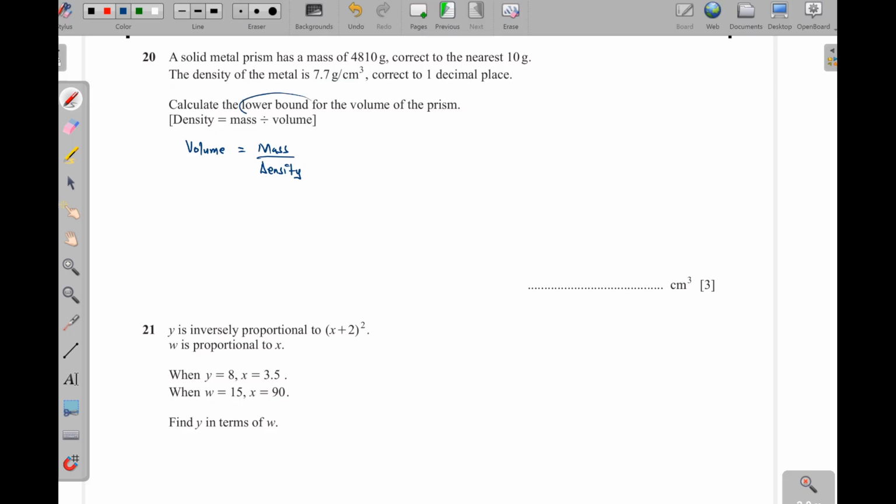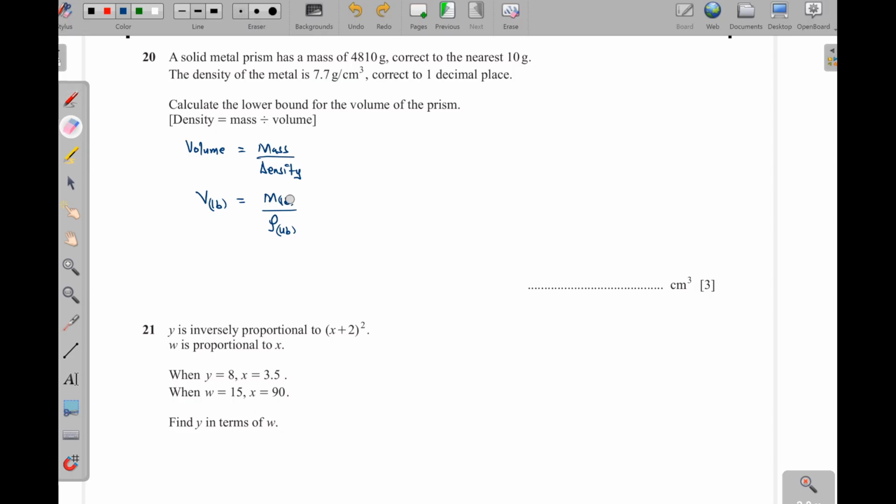So if I want the lower bound of the volume, then I have to get the mass here, its lower bound, then I get the density here, its upper bound. Okay, you get something small, then divide by something big, you get something small. You see that? So that is what we are supposed to have there.